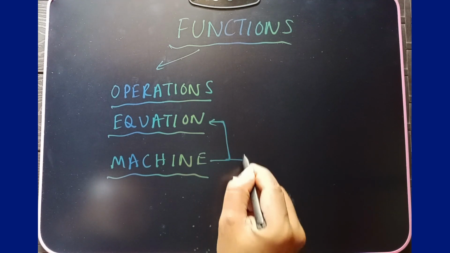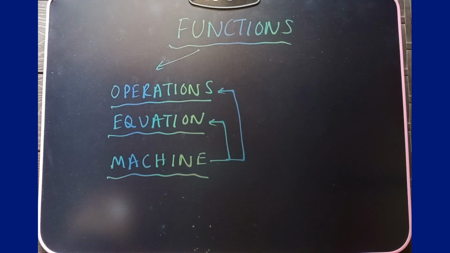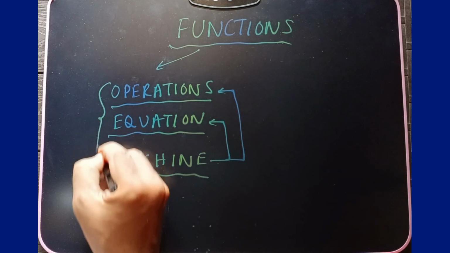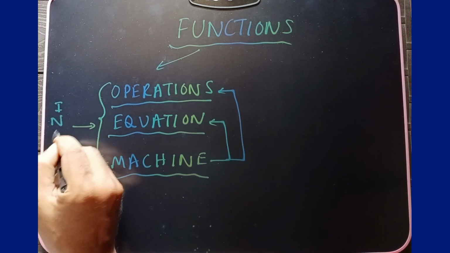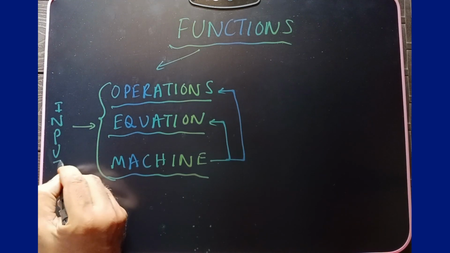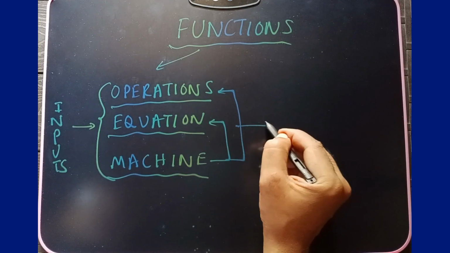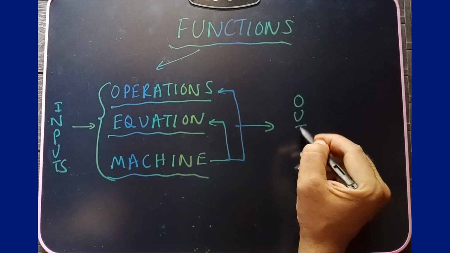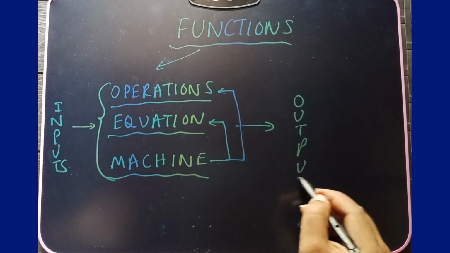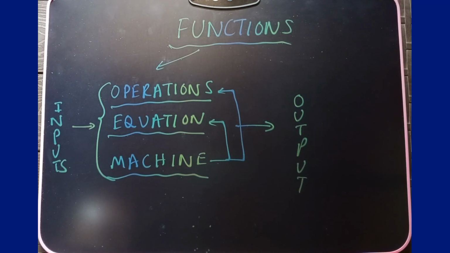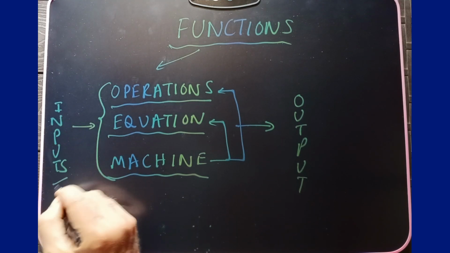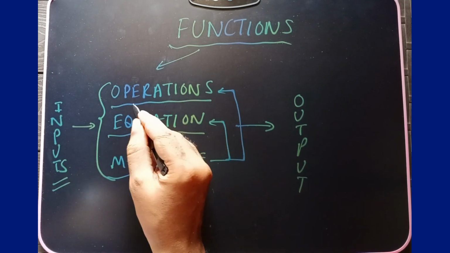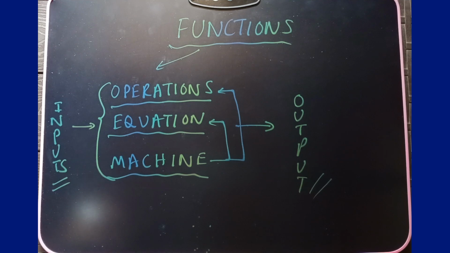The machine is represented using the operations. So what will happen here? You give inputs and you get output. A function is kind of a machine which takes inputs, processes it, and gives the output.